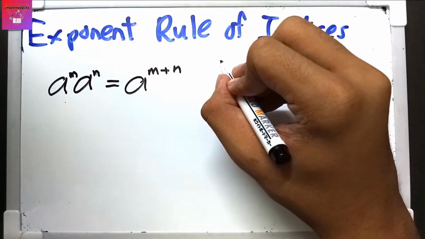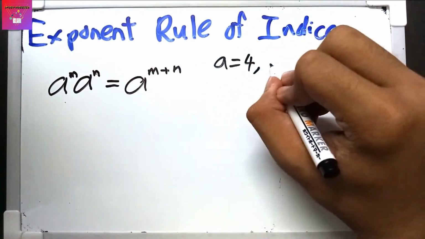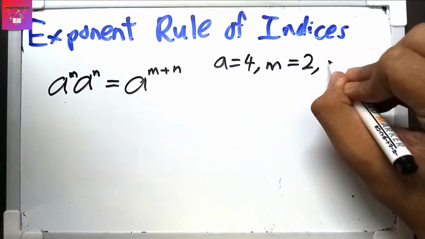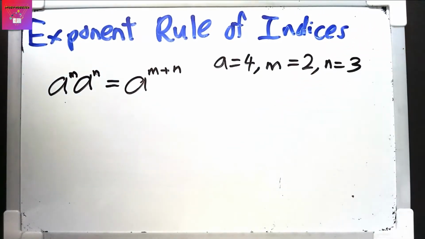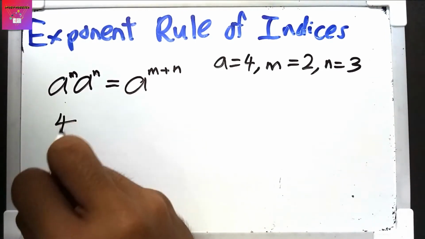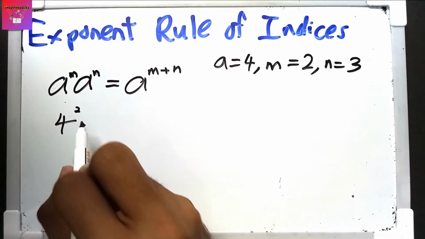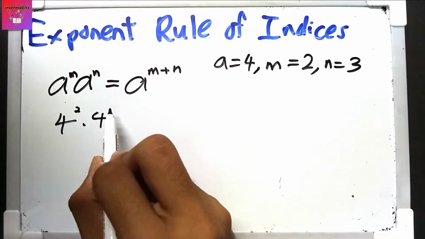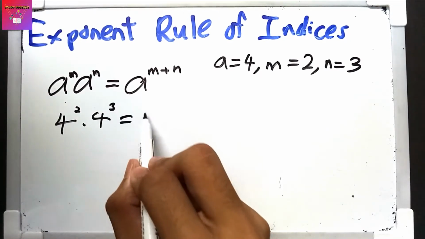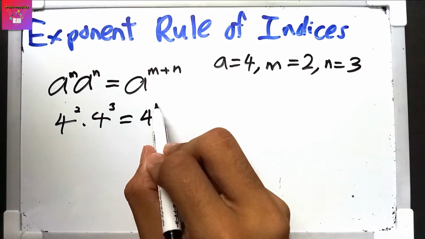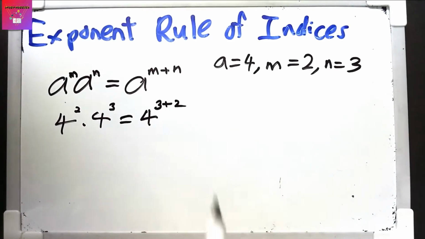Let's assume a equals 4, m equals 2, and n equals 3. Now I'll substitute them inside. So 4 squared times 4 to the power of 3 equals 4 to the power of 3 plus 2.